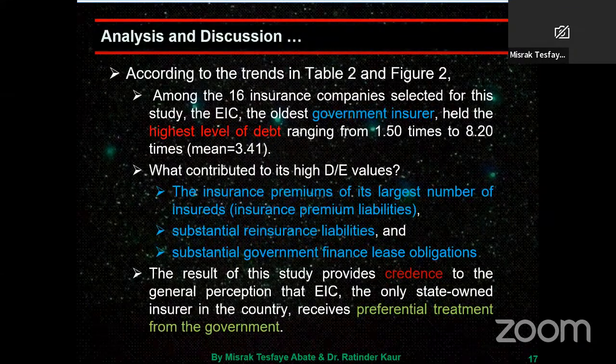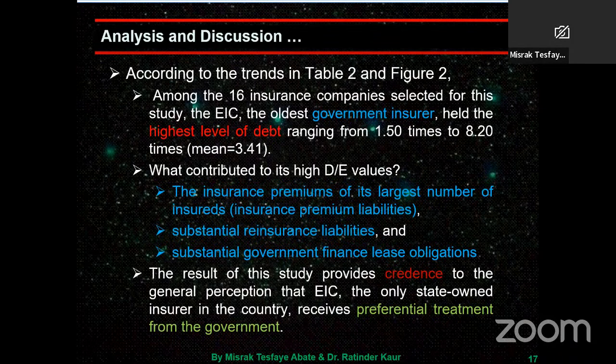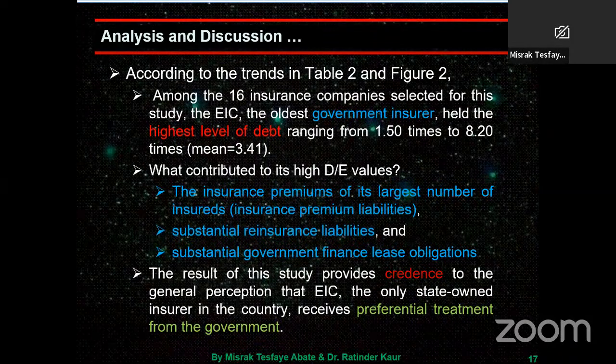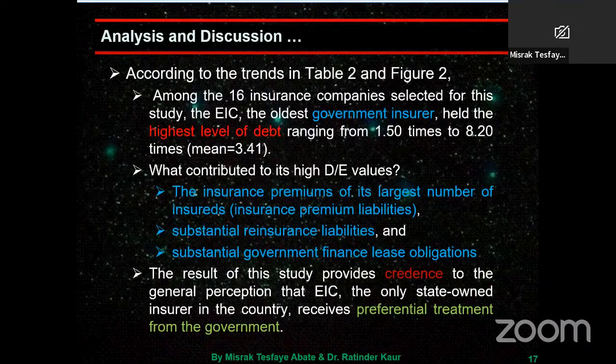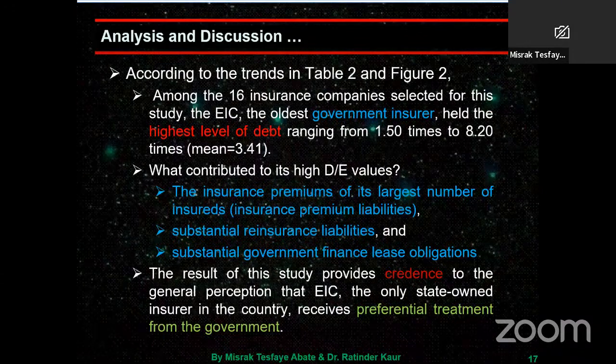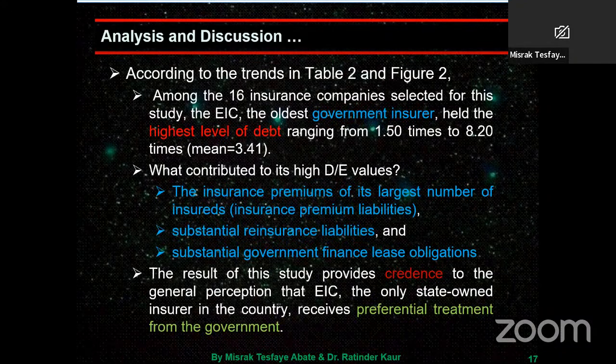Again, among the 16 insurance companies selected for this study, the EIC, Ethiopian Insurance Corporation, which is also the oldest government-owned insurer, held the highest level of debt, with an average debt equity ratio of 3.41, and three things contributed to the high debt equity values of Ethiopian Insurance Corporation.